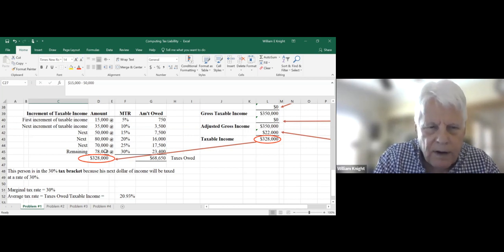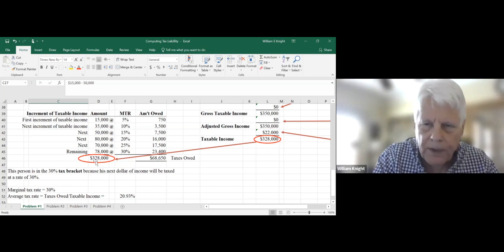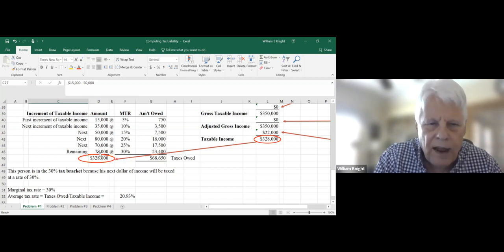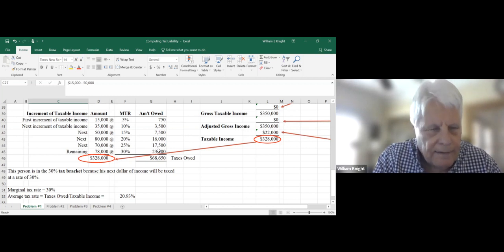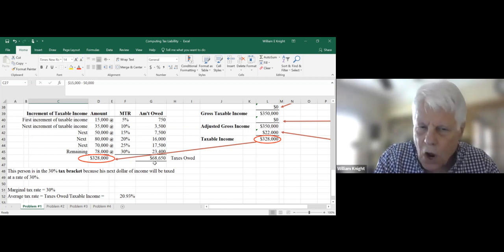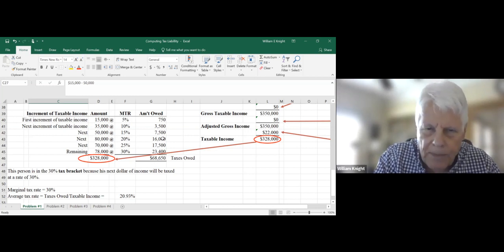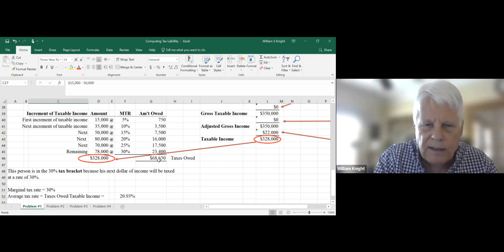Now he's only got $78,000 left to get to the total taxable income of $328,000. And that $78,000 is going to be taxed at 30%, meaning that he's going to owe $23,400 on that particular segment of income. So his total taxes owed, add up that column right there, and we get $68,650.